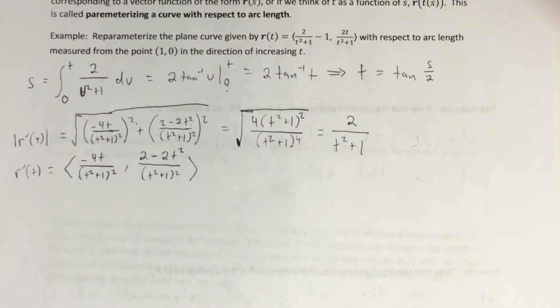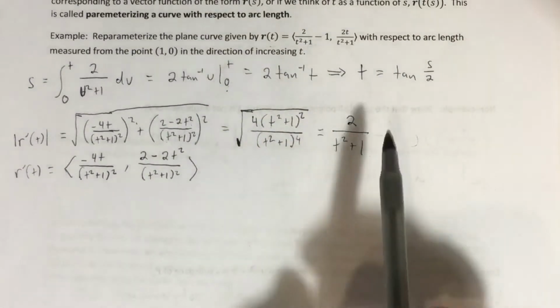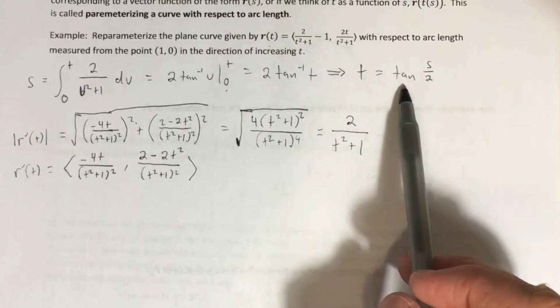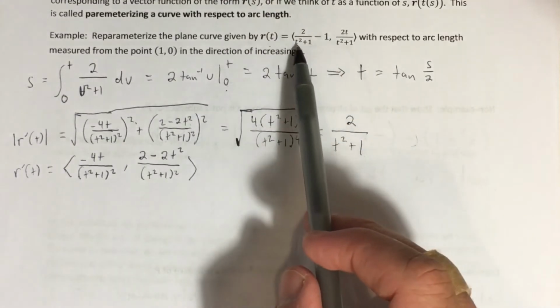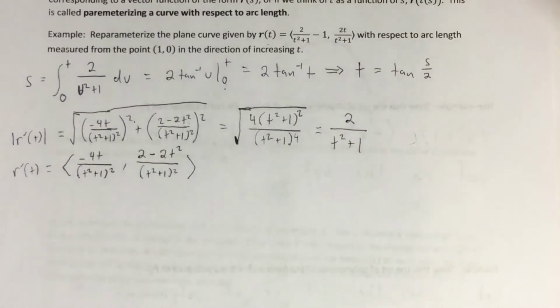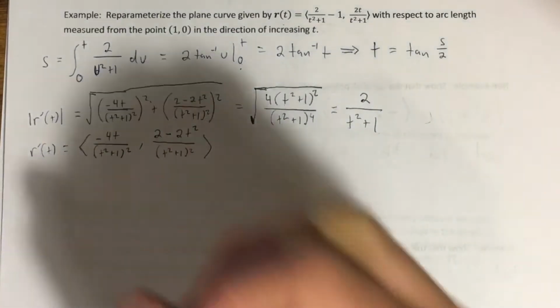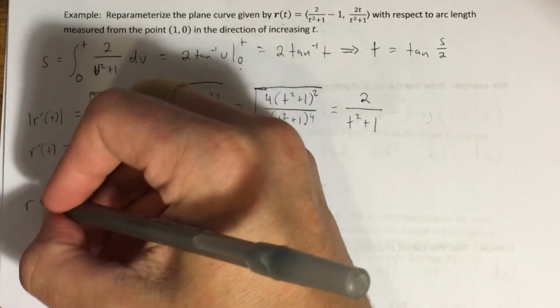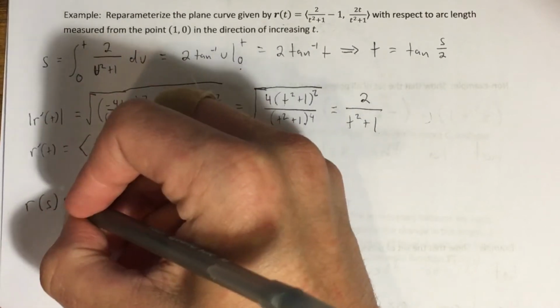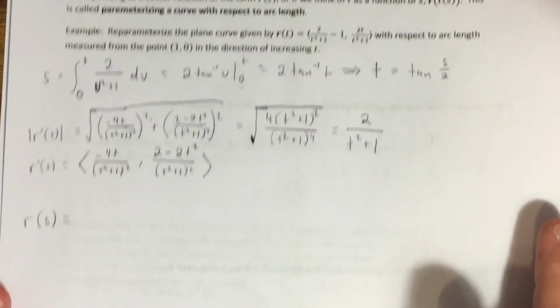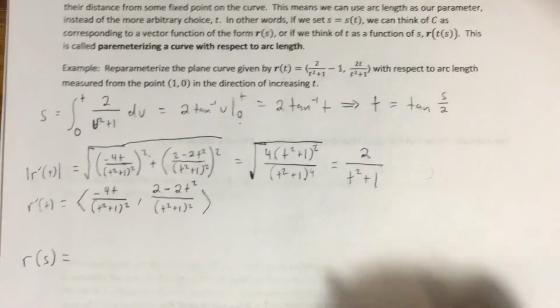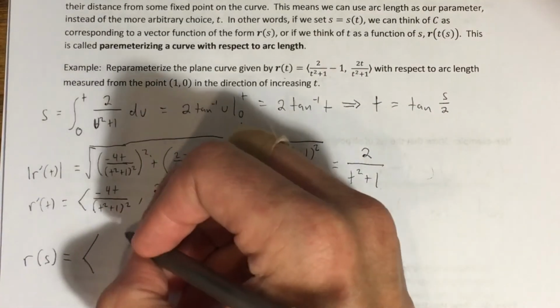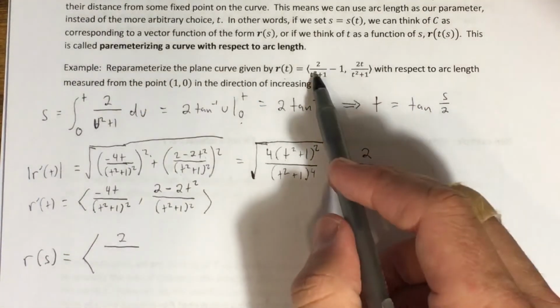Okay, now what's left to do here is to take this expression and substitute that in for the t's that show up in my r of t, my vector function. So r of s, reparametrizing now. And again, here's r of t up here. It's going to look like 2 over t squared plus 1.